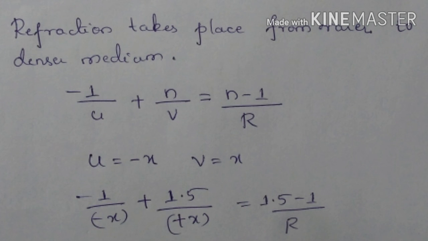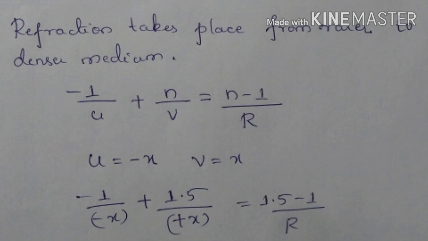Substitute all this in the above equation. So, minus 1 by minus x plus 1.5 divided by plus x will be equal to 1.5 minus 1 divided by R. Here R is unknown to us, the value of R is not given. So, x and R, two variables, are unknown.